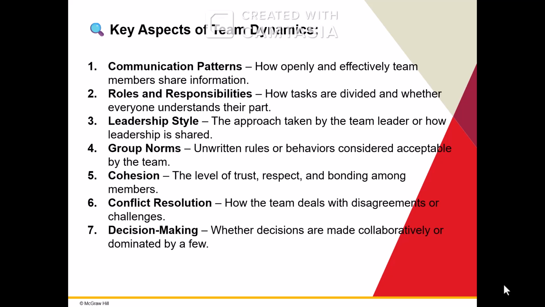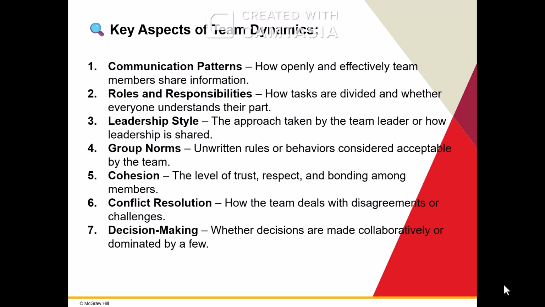Key aspects of team dynamics. What are the key aspects? Communication pattern, how openly and effectively team members share information. Roles and responsibilities, how tasks are divided and whether everyone understands their part or not. Then leadership style, as we mentioned before, the approach taken by the team leader or how leadership is shared will affect the team and the individuals very deeply.